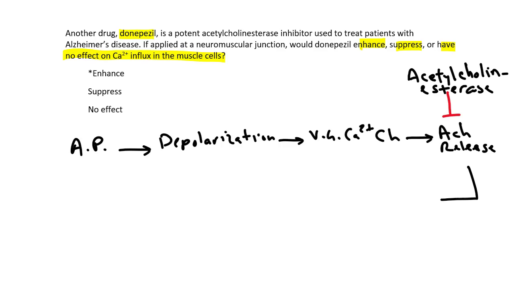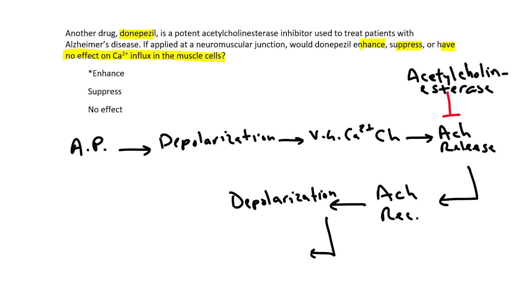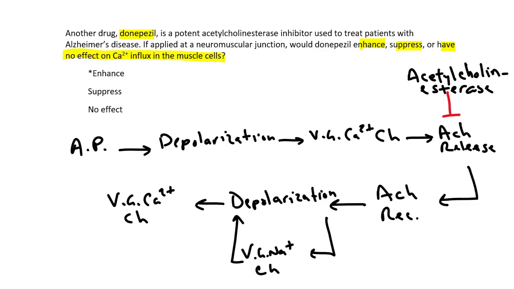Acetylcholine will activate acetylcholine receptors on the postsynaptic membrane or the end plate. This will lead to depolarization of the end plate. And of course, depolarization leads to activation of voltage-gated sodium channels. And these are also on the end plate, and this is a positive feedback loop on depolarization. This leads to voltage-gated calcium channels on the end plate to be activated, meaning they're open.